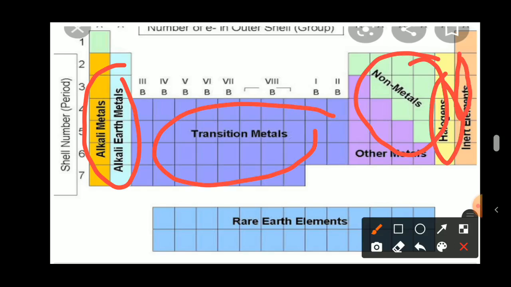Transition metals means the properties of the elements are intermediate between metals and non-metals. They show metal properties as well as non-metal properties. And the f block is the rare earth metals. Almost all f block elements are man-made elements, and radioactive elements.